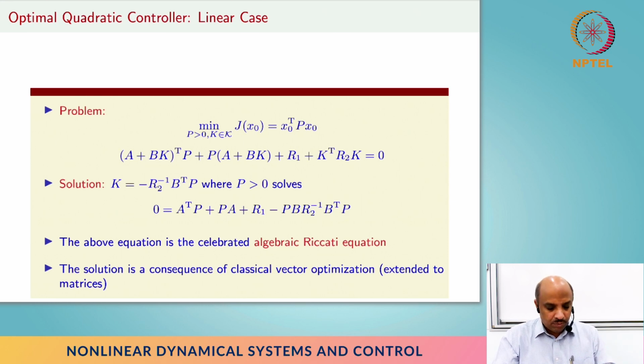This is a very different method. We are actually solving the problem for all stabilizing controllers, but minimizing a quadratic function that looks similar to what we have seen in your optimal control, the open loop optimal control.